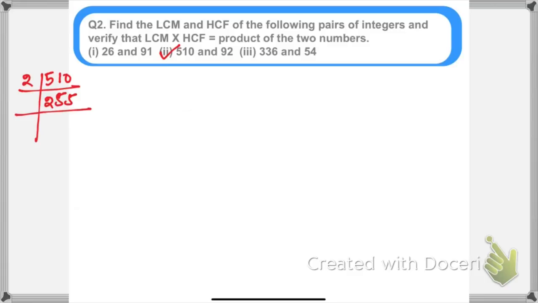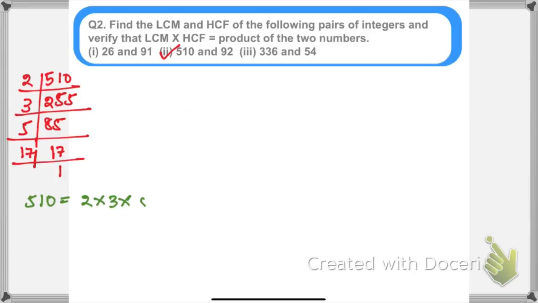Now dividing it by 3 we get here 85, and dividing by 5 we get here 17, and finally you can write it here like this. So you can express 510 as 2 into 3 into 5 into 17.